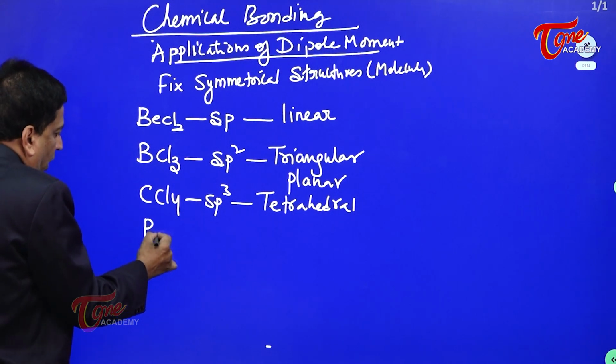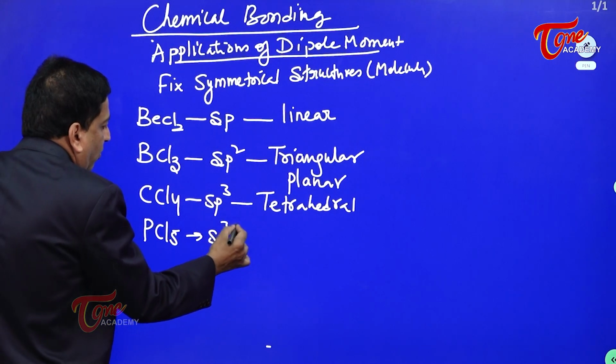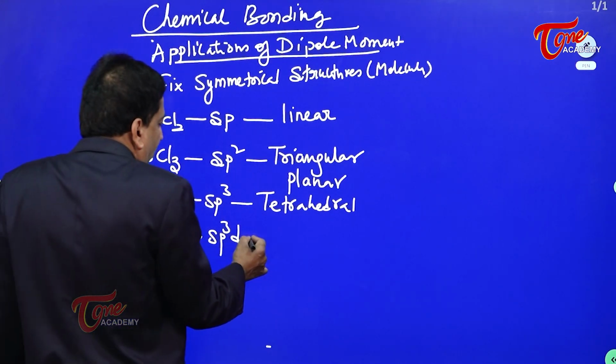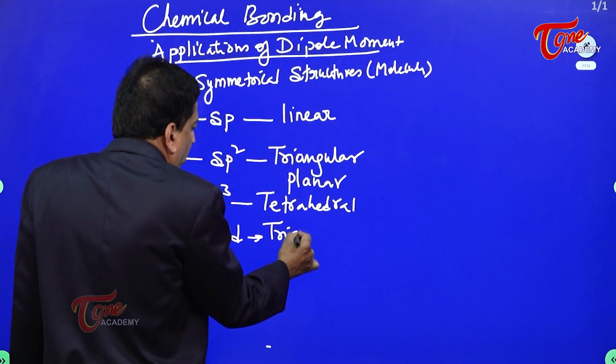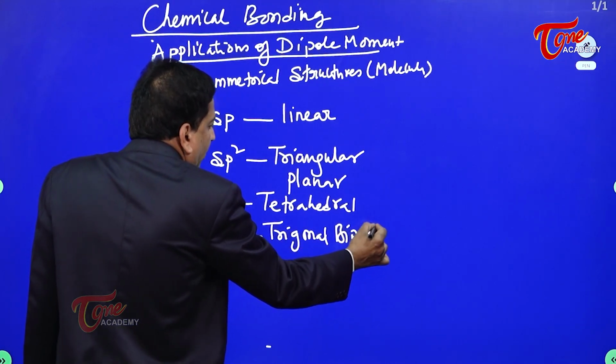Similarly, you have PCl5, which has sp3d hybridization, and this has trigonal bipyramidal shape.